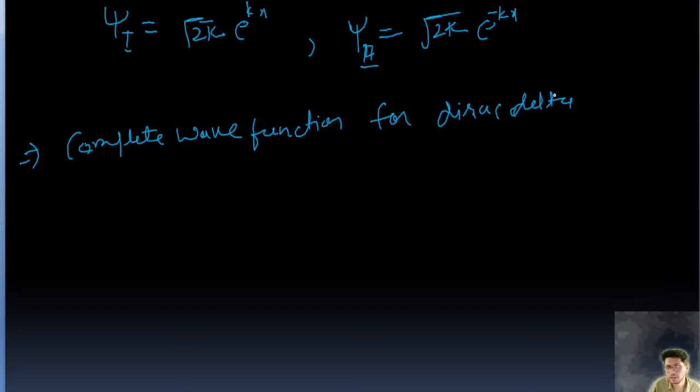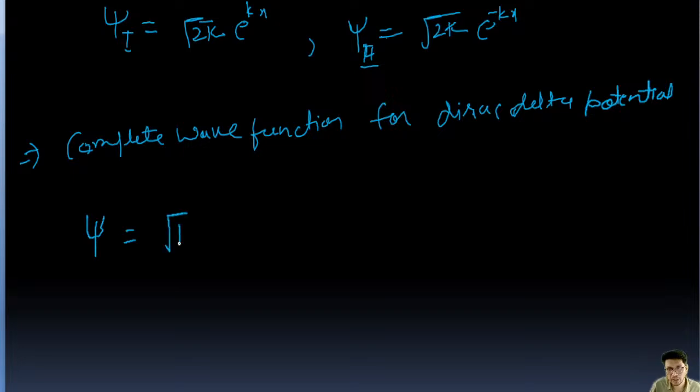We can write psi equal to c e to the power minus k mod x. Not root k, it is c, the combined wave function. So this is the complete wave function for the Dirac delta potential.